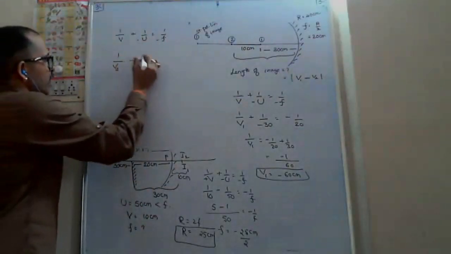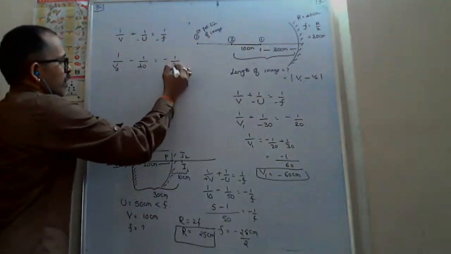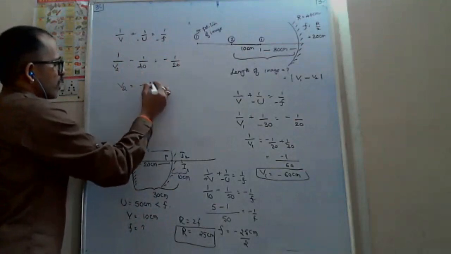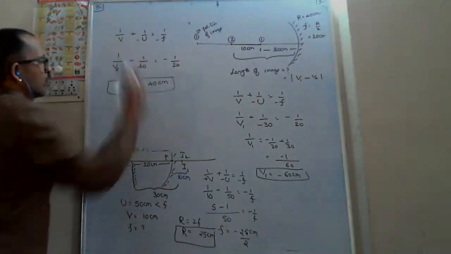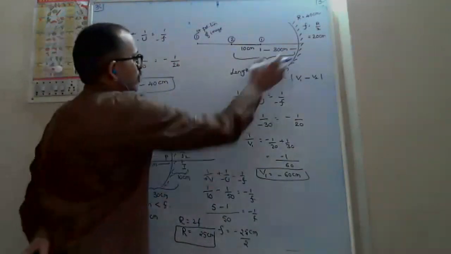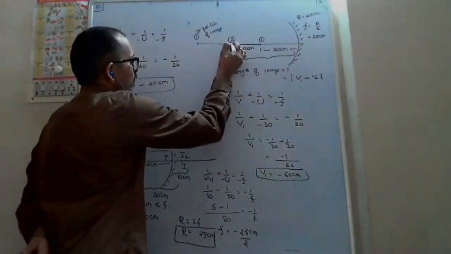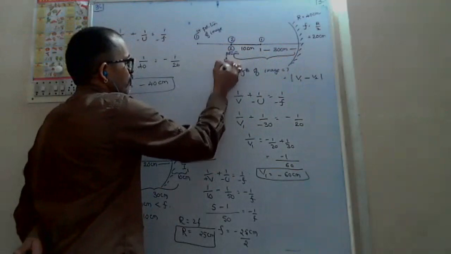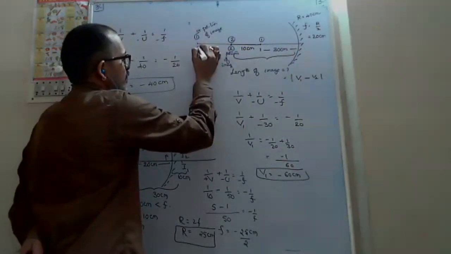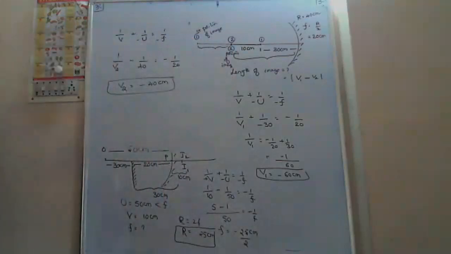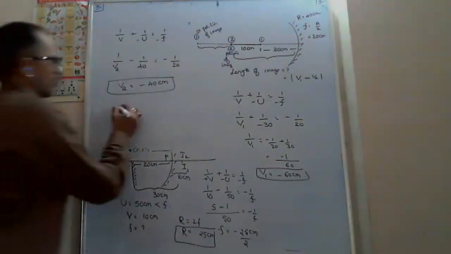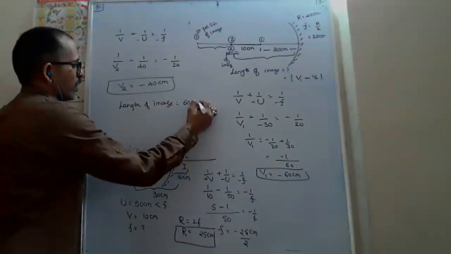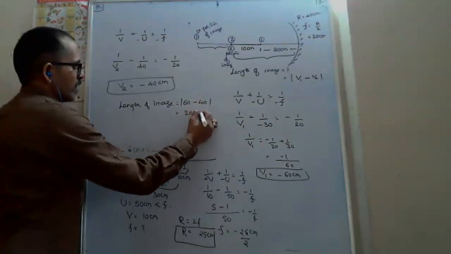So 1 by v2 minus 1 by 40 equals minus 1 by 20. So this is double of focal length. So v2 will be minus 40. Minus 40, which means exactly here only. Second position of image. Obviously, this is the length of image. Okay. So length of image is equal to 60 minus 40. That is equal to 20 centimeters. Exactly.